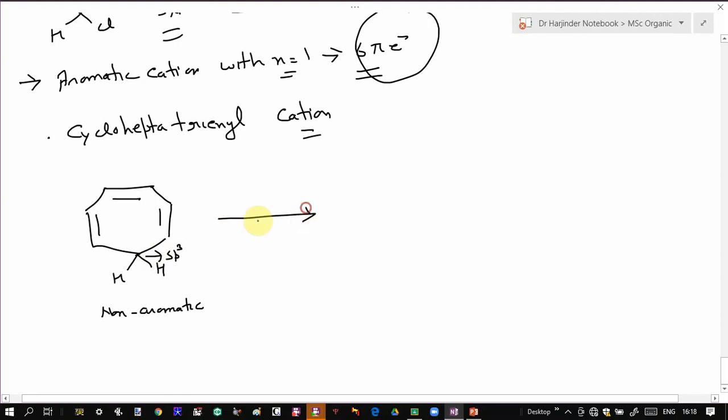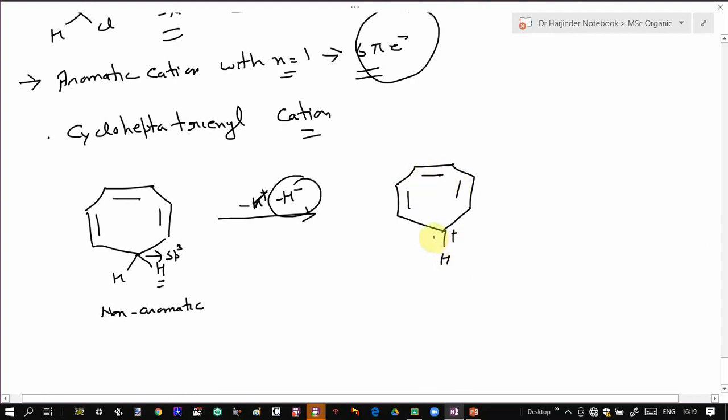So what we can do is, with their total 6 pi electrons, if you remove this hydrogen as an H negative ion, as a hydride ion, so that this bond pair of electrons is taken by this hydrogen, that will result in the formation of the corresponding cation. So you get a positive charge over here, double bond and double bond.